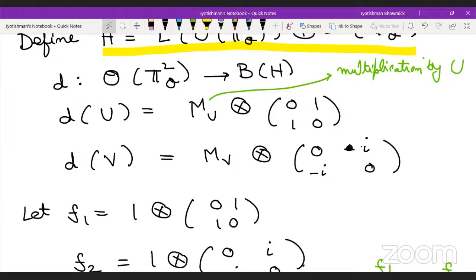Right. So for example, you take a finite group. What is the structure? Yes, the same thing will work.